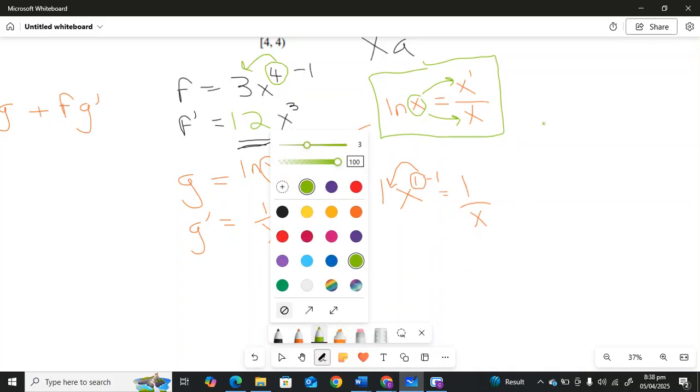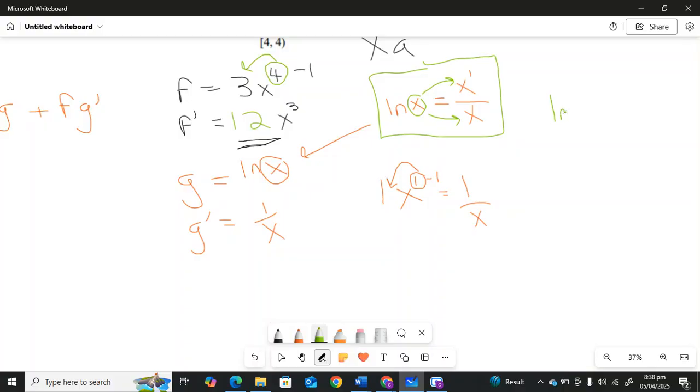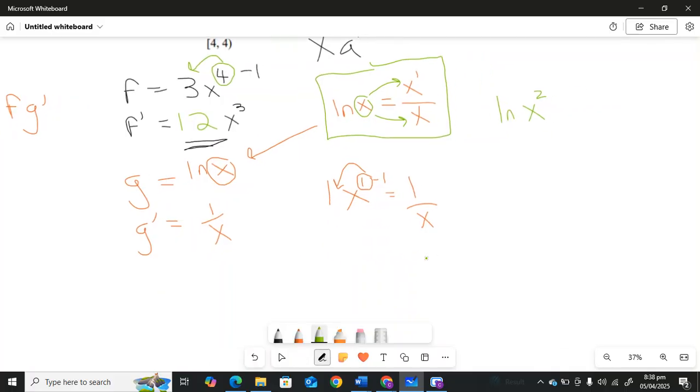For example, if you want to derive the natural log of x squared, in the numerator we derive this x squared. When we derive x squared, we get 2x.